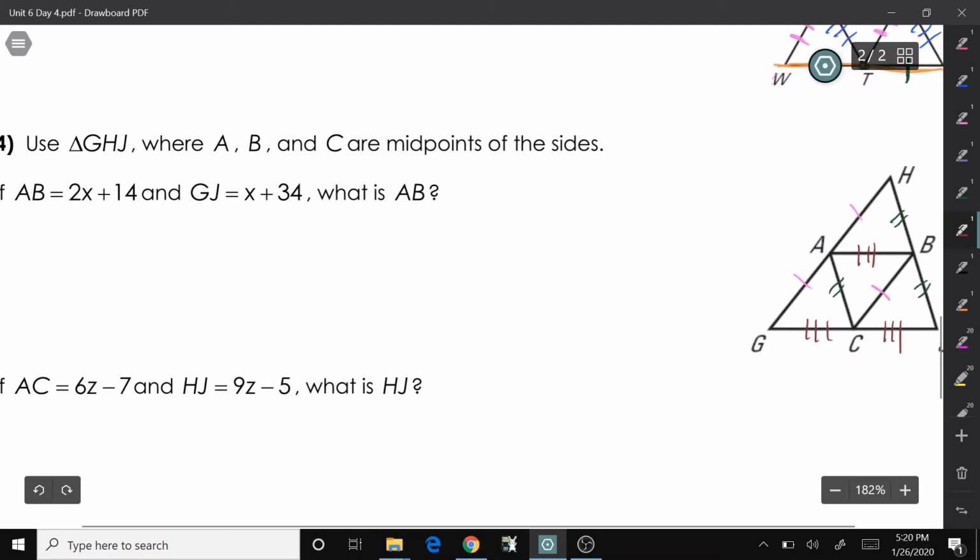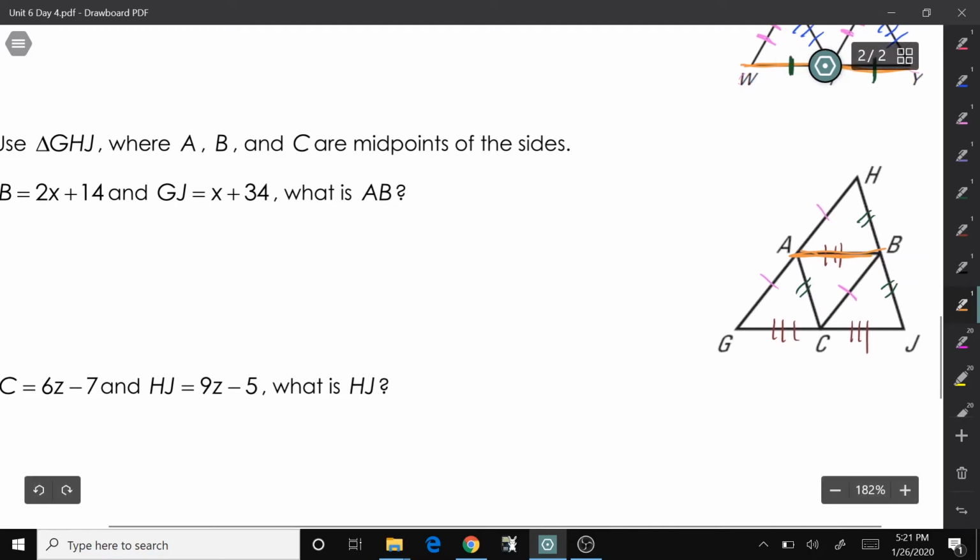Says AB is equal to 2x plus 14. So this side AB is 2x plus 14, and GJ is x plus 34. This whole side is x plus 34. Well, we've got to figure out how these two are related. Well, AB is half of the length of GJ.